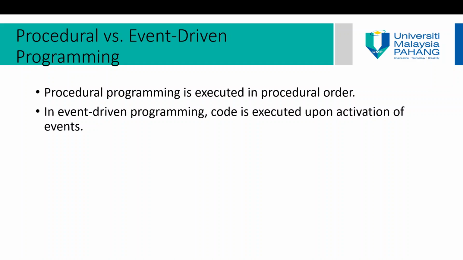We also have event-driven programming to trigger the event for the control objects just now. So we have a button, and to allow that button to trigger something, we need to program the event-driven code. Event-driven programming is code that executes once the event is active.